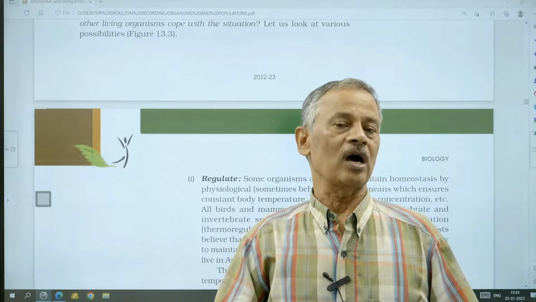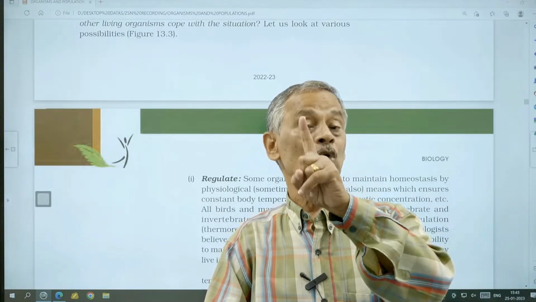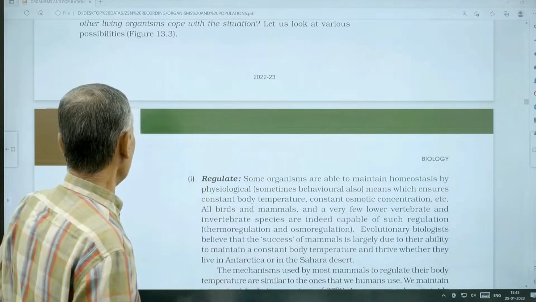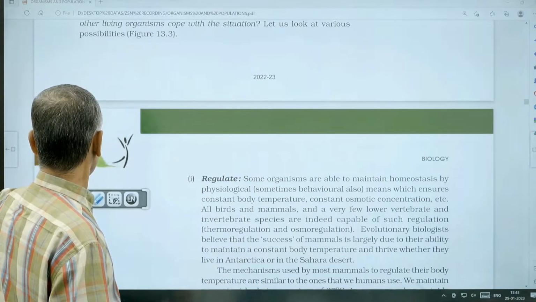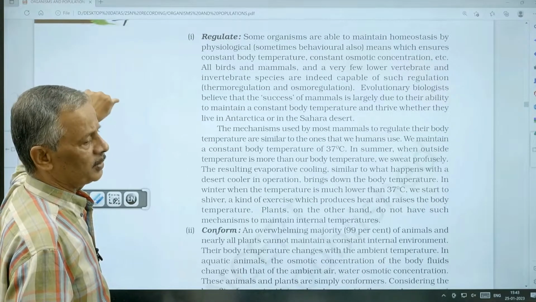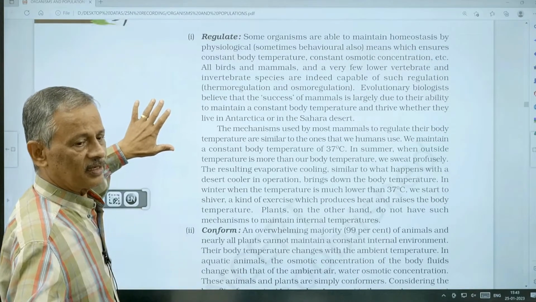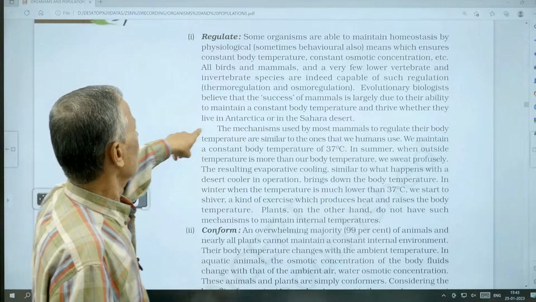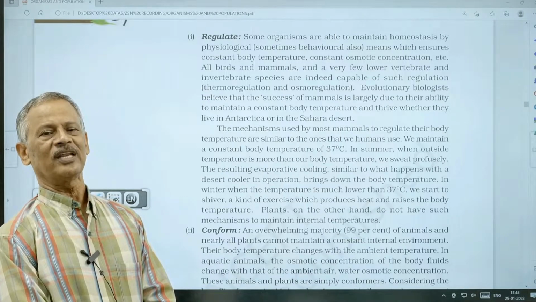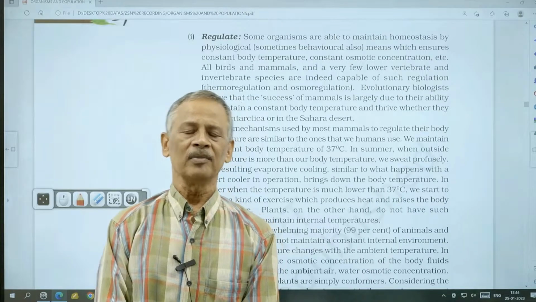So fully homeostatic organisms are birds and mammals. This is the reason why they are the most successful groups of organisms. The most important reason why mammals are the most successful is that they are all warm-blooded, homeostatic. So whatever may be the environment in which they are present, whether in a desert area or in a polar area, they will be thriving there because their body condition is always at the maximum, optimum level.